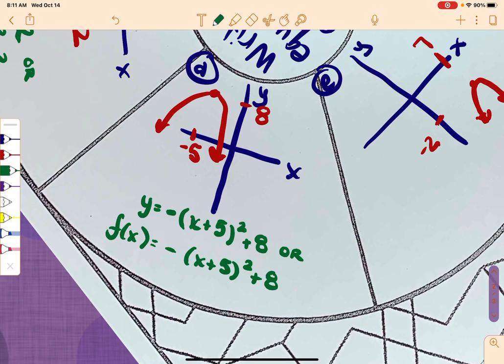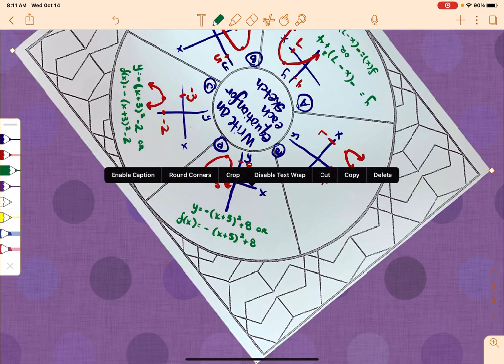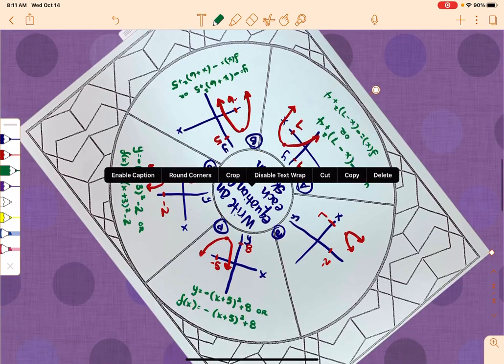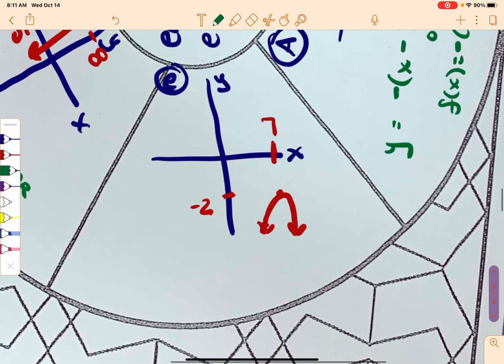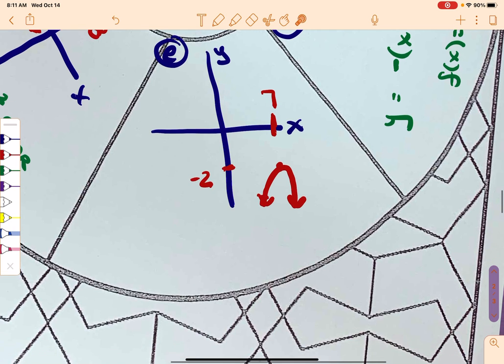Okay, last one, guys. So I can see in this one I have 2 shifts, down 2, and to the right 7. So the down 2 is usually the easier one. So when I start, that means there's going to be a minus 2 on the end. Because I see a shift on the x-axis, I know I've got this set up.